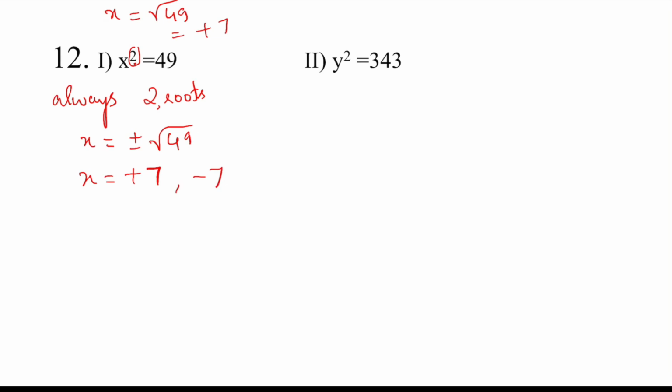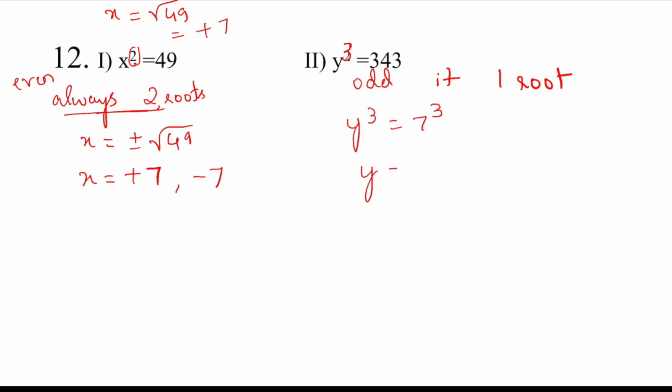Now if power is odd, it should be cube, okay, y cube is equal to 343. If power is even, it always has 2 roots. If power is odd, it will always have 1 root, okay, remember this. So y cube is nothing but here 343 can be written as 7 cube, therefore y is equal to plus 7, okay.